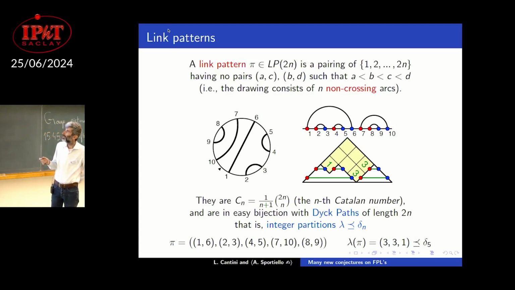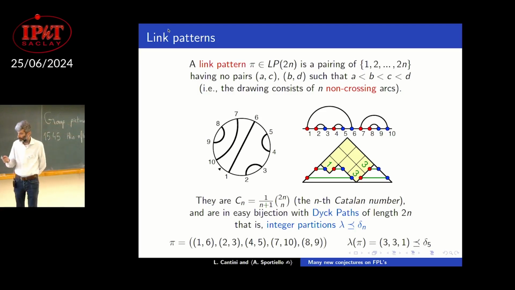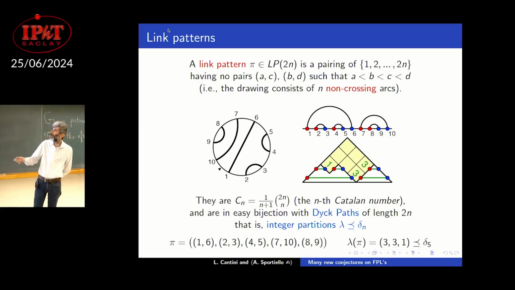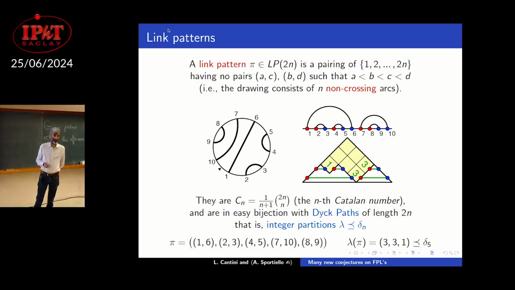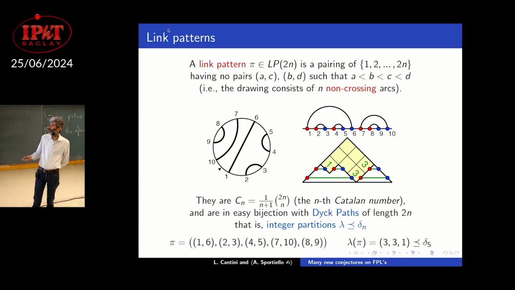Let me remind you that a link pattern is just a pairing of the points on a total cyclic ordering, if we want, which is non-crossing. Nothing more, nothing less. If you open the cyclic ordering into a linear ordering, the arcs can be represented in an analogous way and can be transformed into straight lines, if you want, by taking them upwards.